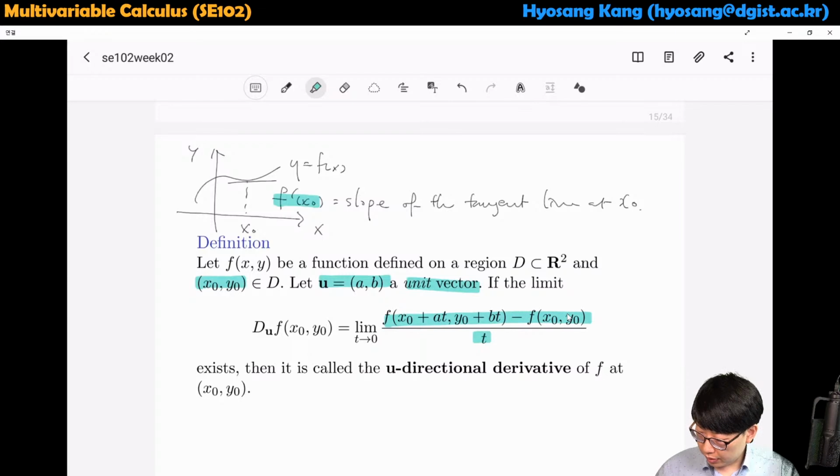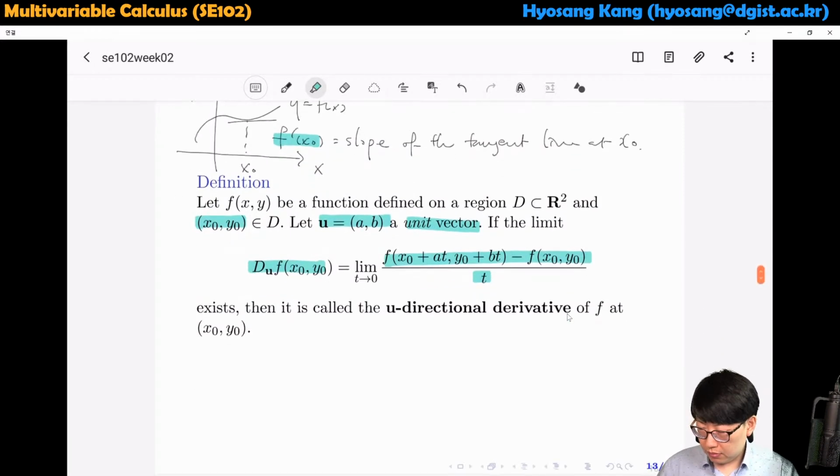The numerator is the value of the function at x0 plus at and y0 plus bt, subtracted by f of x0, y0, and then we divide by t. If this limit exists, we call it the u directional derivative at x0, y0, denoted by D_u f.